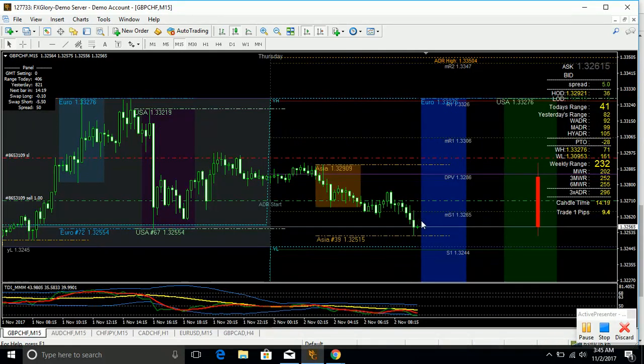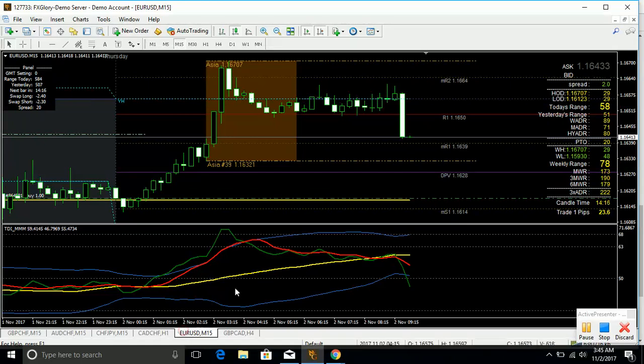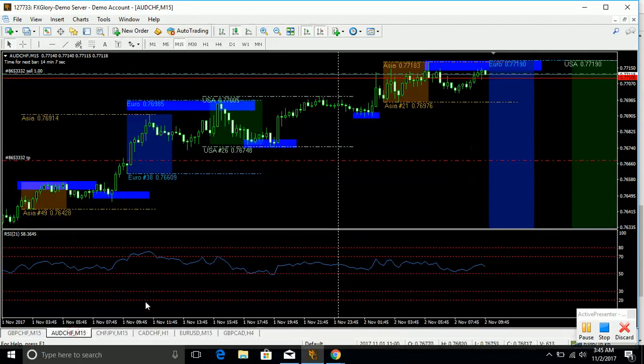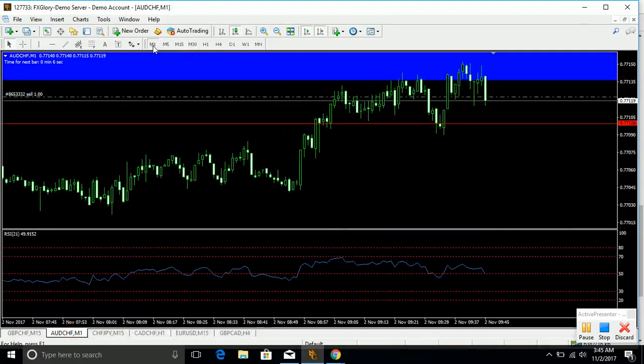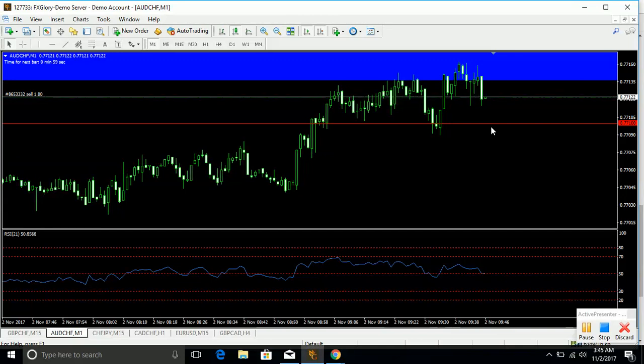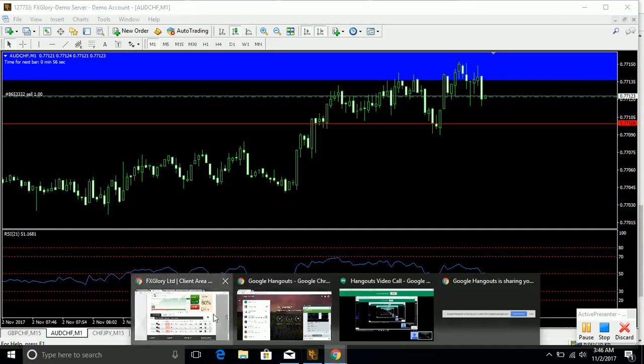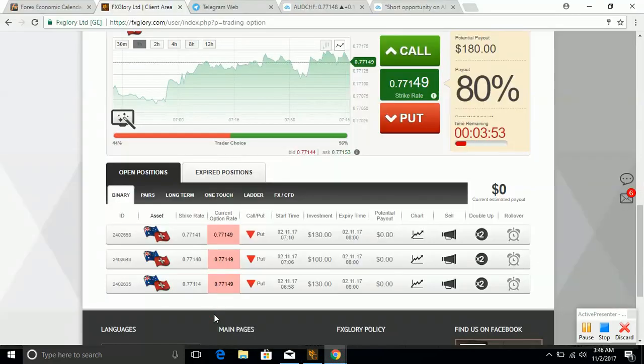Here's our Pound CHF, definitely went where we wanted it to. And here's our Euro USD. I haven't posted any signal for this trade in the group other than the one that I posted yesterday. Here's our Aussie CHF. Straight down we go. Now mind you, this next 15 minutes should be straight down to the mud, which will put our binary options trades in the money.